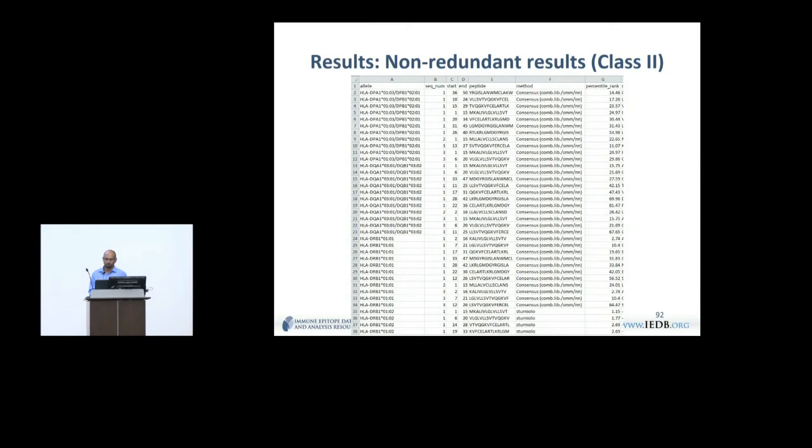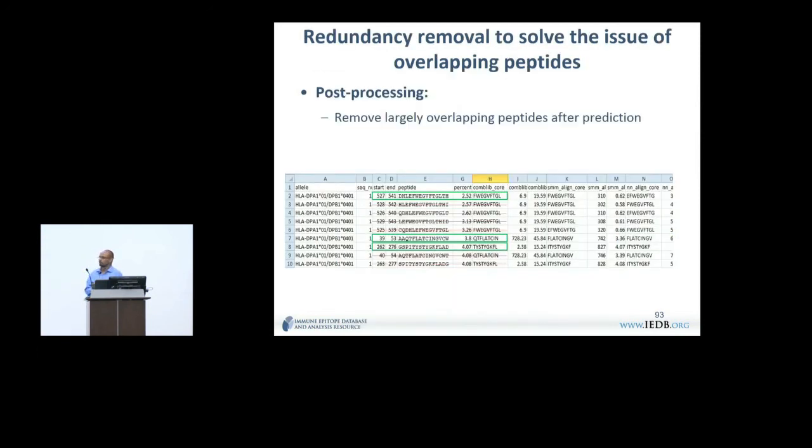This is the non-redundant result. When you click that link, you get the post-processed result. So this is how it works. I showed this slide before, but it picks the top peptide and eliminates all the redundant peptides from the same regions.